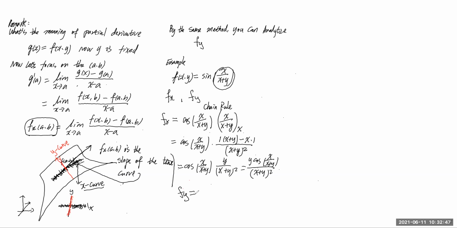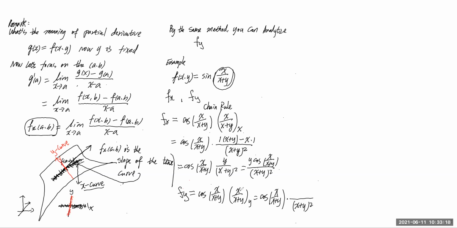Fy by the same method. So x is fixed. Okay. Cosine(x plus y). X is a constant. Y is a variable. X plus y and y, right? So cosine(x plus y) multiplied by (x plus y) squared.